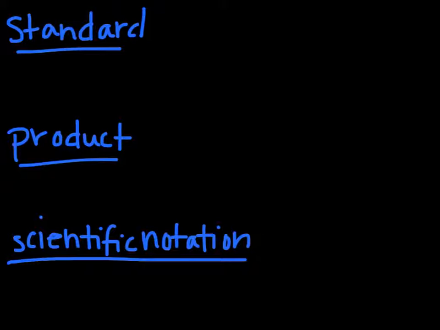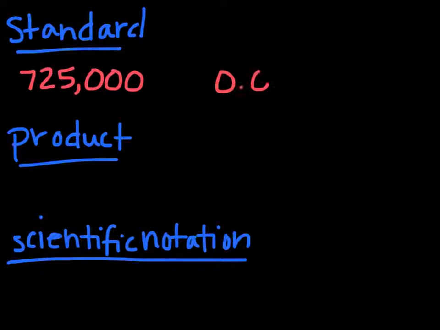When working with scientific notation, you'll need to understand 3 different forms in which we can write a number. Here are 2 examples of a number in standard form. 725,000 is in standard form. 6/1000 is also in standard form.